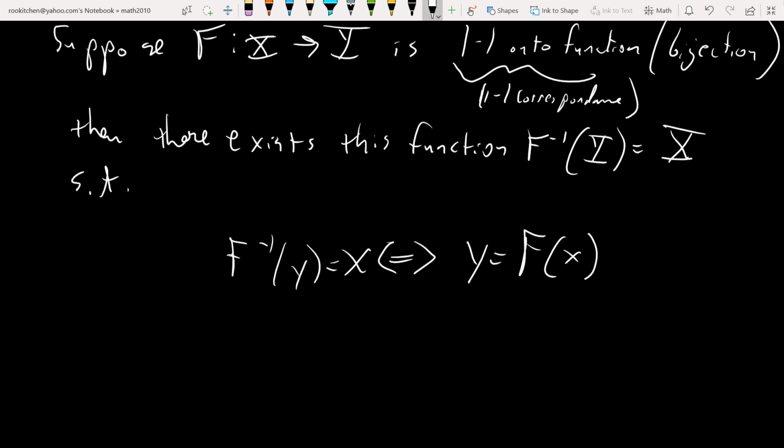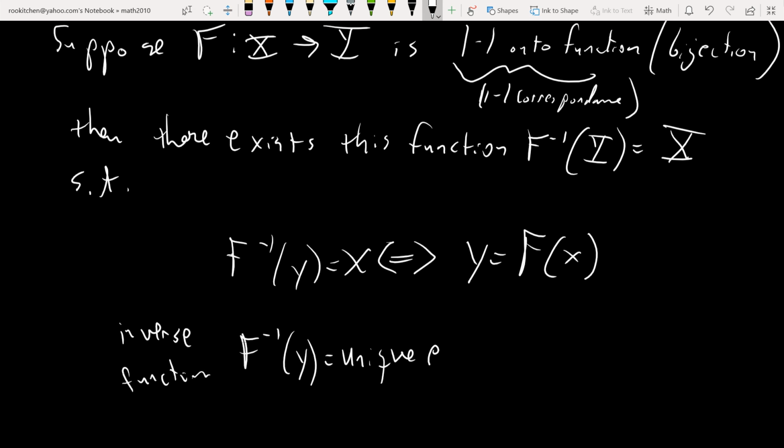So we could talk about this inverse function then. So yet another definition. Basically, f inverse of y is the unique element x in the set X such that big F of x equals y.